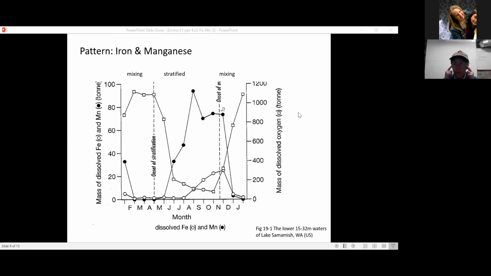I hope that you can see the relationship between the mixing of the lake, how that affects the oxygen, how that affects the redox potential, and how that affects the iron and the manganese. See, there's a whole long chain of reactions. That's why this is the last week of the class, because we've been building up to stuff like this. Okay.